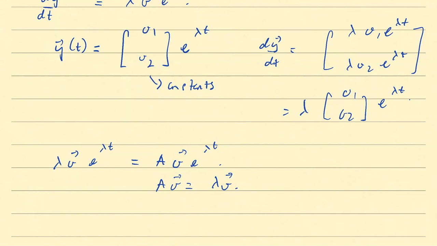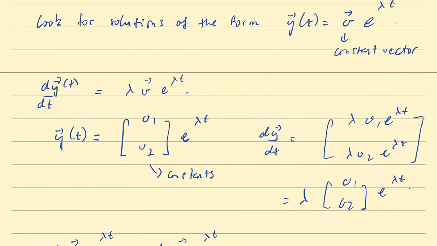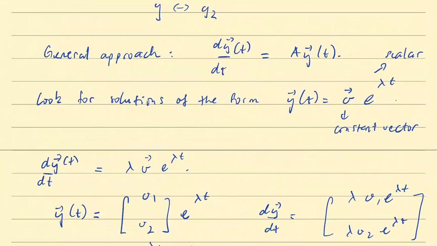Also, I think someone mentioned last time, obviously you don't look for the zero solution. Zero is an equilibrium solution, as we remarked last time, but we don't look for it. So here, clearly v cannot be the zero vector. You're not looking for that kind of solution.